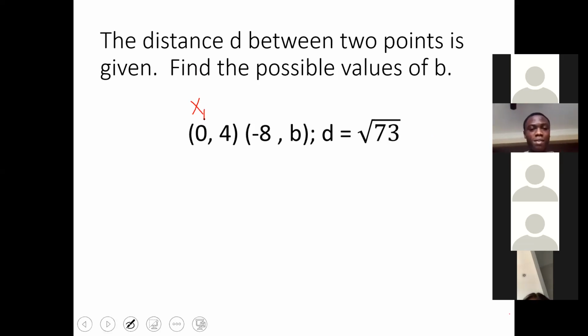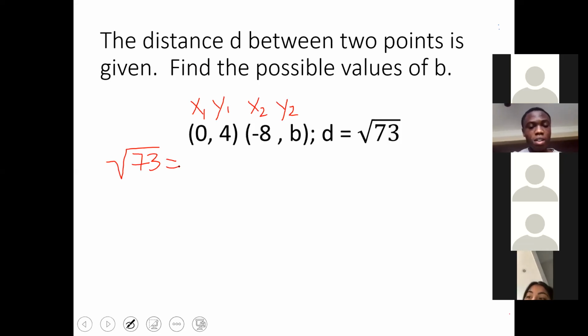Thank you. x1, y1, right? Yes, then x2, y2. So now I'll say the square root of 73 equal, then I'll put the square root sign like the other. Then I'll put parentheses.